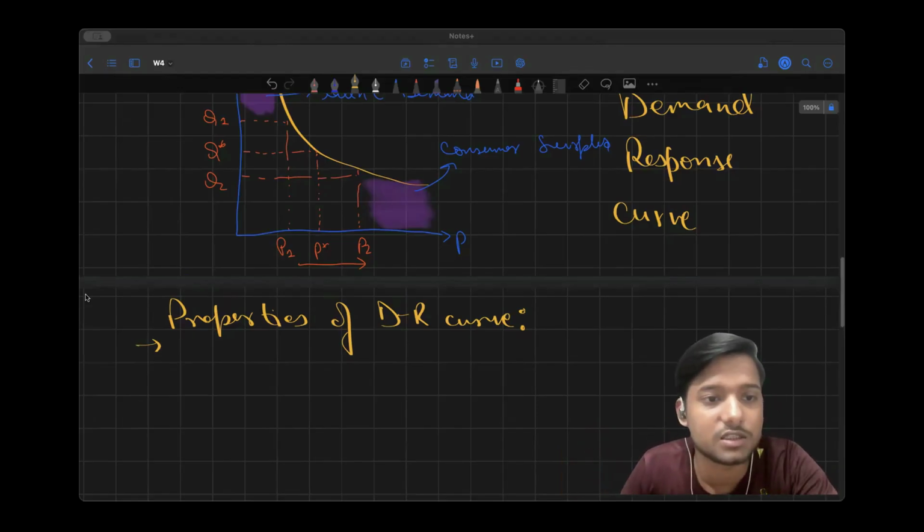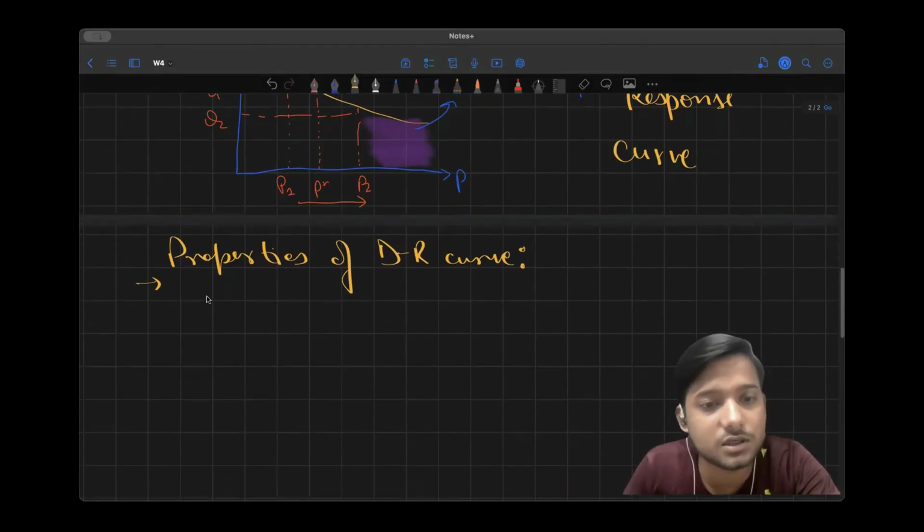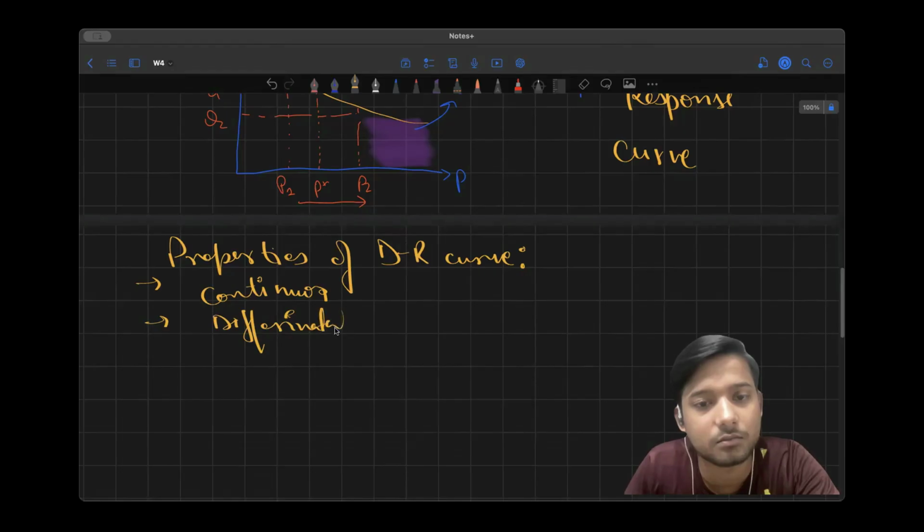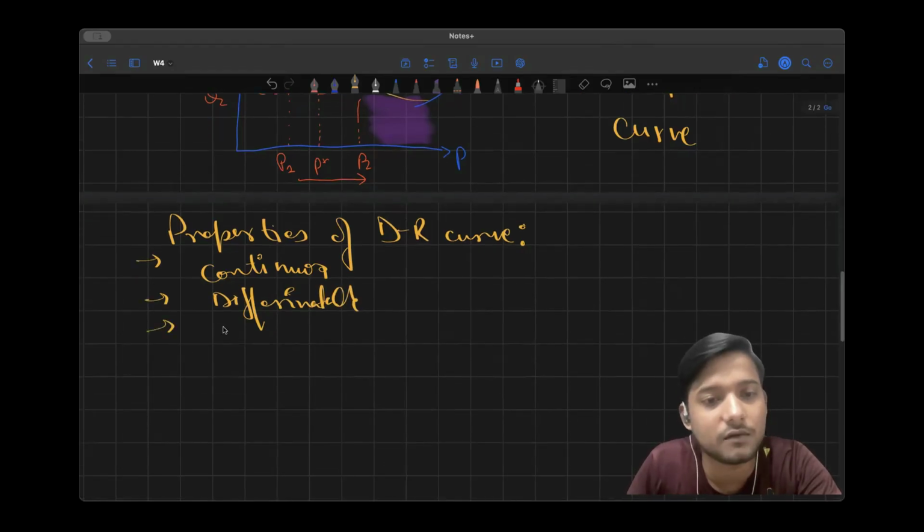So let me write these properties. First one is continuous. Then we have differentiable. And then we have non-negative.